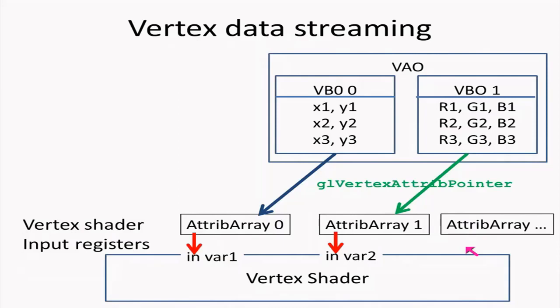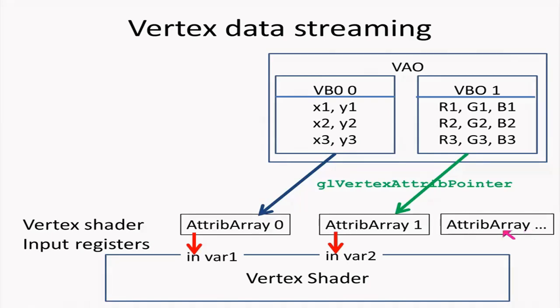The object is described in arrays called VBOs. For example, coordinates can be stored in one array, colors in another. To allow the vertex shader to process a vertex, its input registers must be filled with the data of that particular vertex, one vertex at a time.